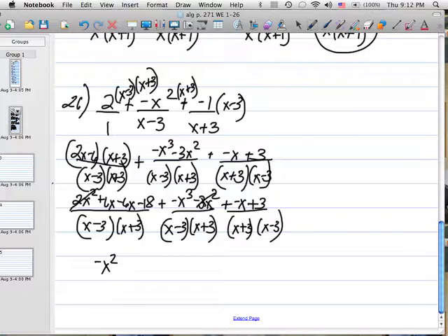And the positive 6x and the negative 6x, those cancel out, so that leaves us a negative x. And the negative 18 and the positive 3. Equals negative 17.